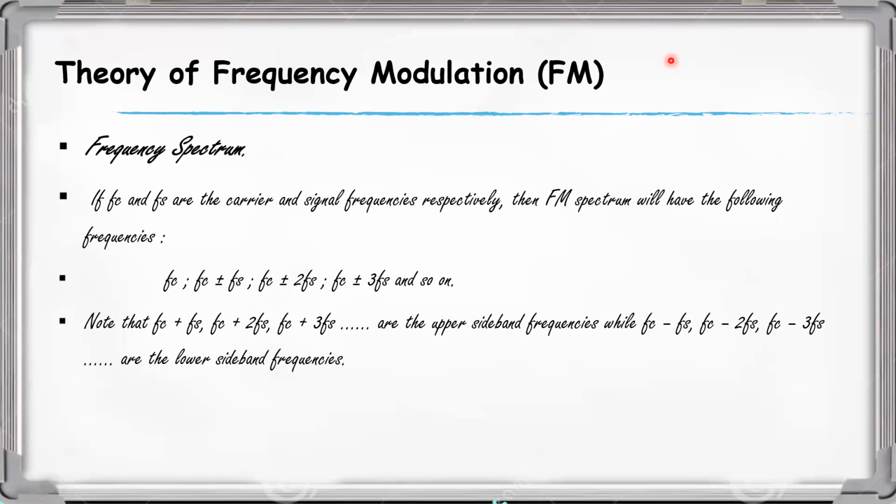Fc plus Fs, Fc plus 2Fs, Fc plus 3Fs are in the upper sideband, and Fc minus Fs, Fc minus 2Fs, Fc minus 3Fs, etc. are in the lower sideband.